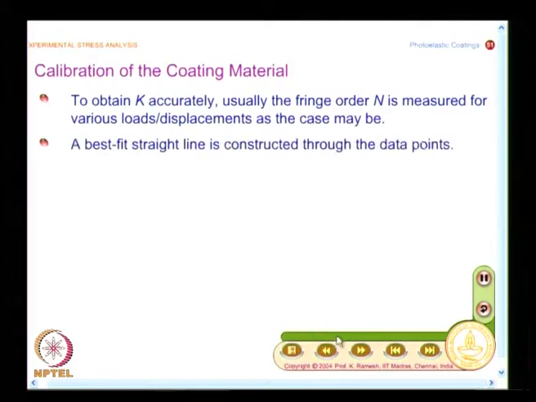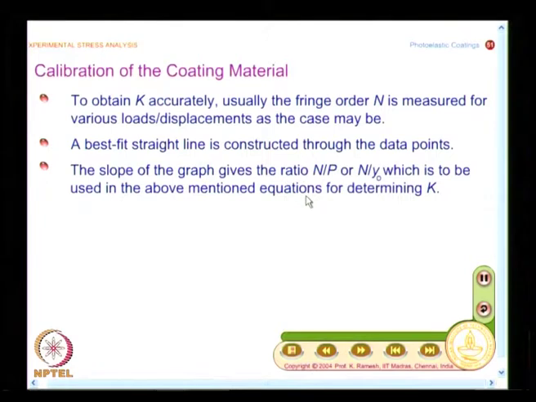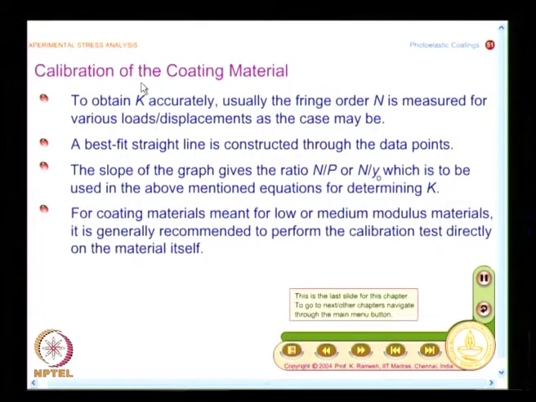And I have been saying that in photoelastic analysis, the calibration constants have to be determined as accurately as possible. The same rule applies to evaluating K as well. It has to be obtained as accurately as possible.